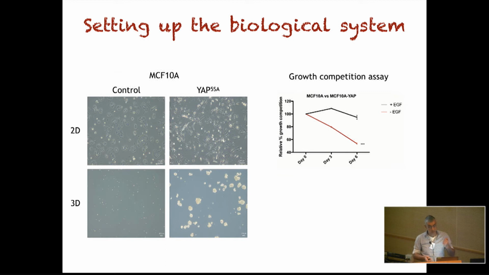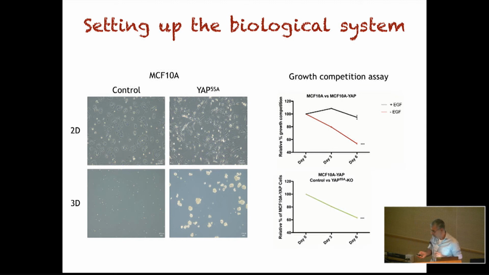However, when we remove EGF, or we do other different stress also, then we can see that the competitiveness of the MCF10A drops in comparison to the YAP. So now the YAP gets proliferation advantage. It continues to grow at the same rate, while the MCF10A, they stop growing more or less. Similar phenotype we see if we take this MCF10A, and this is important, and we knock out the activated YAP.